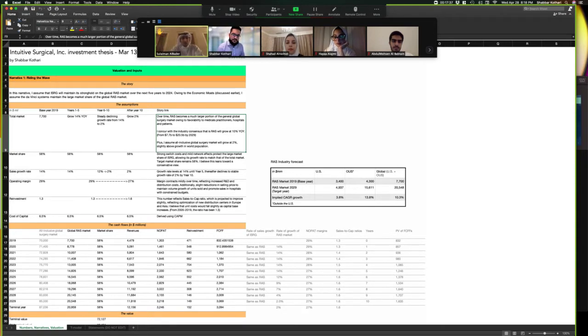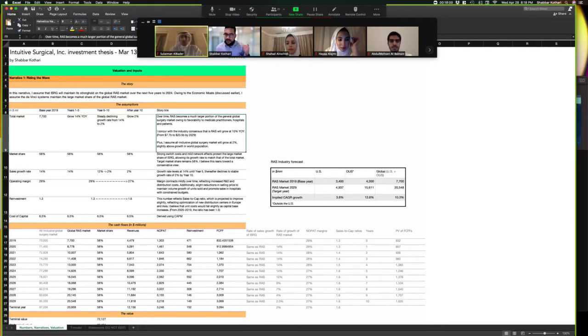Sure. One way to simplify it is think of it as one customer. Say if ISRG had just one customer, an enormous, gigantic hospital that buys $70 billion worth of surgical equipment. But of course, it also does RAS, and 1 out of 10 surgeries of theirs is RAS-based.